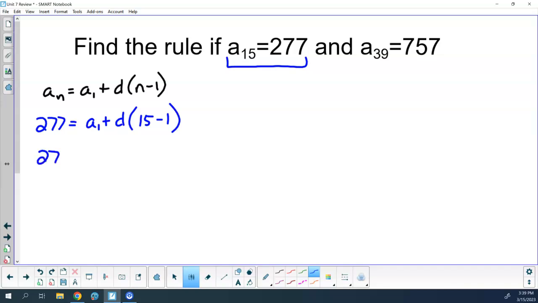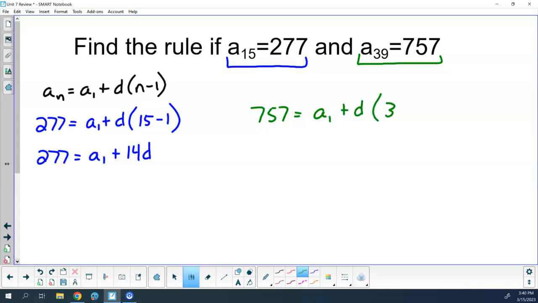So this gives me 277 is the first term plus 14 d's. Then I go to the second term that's given, and I do the same thing. 757 is going to be the first term, which I don't know, plus d, which I don't know, times 39, because it's the 39th term, minus 1. So 757 is going to be my first term plus 38 d's.